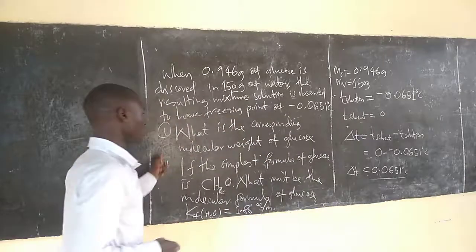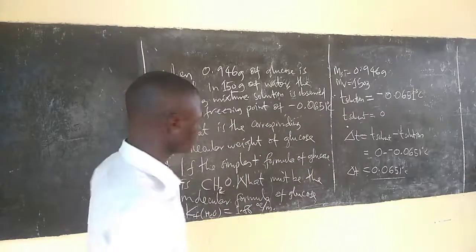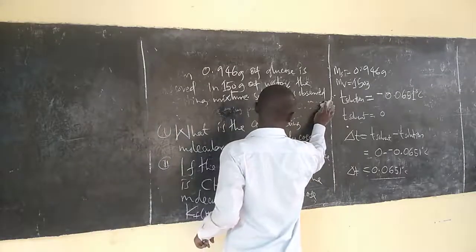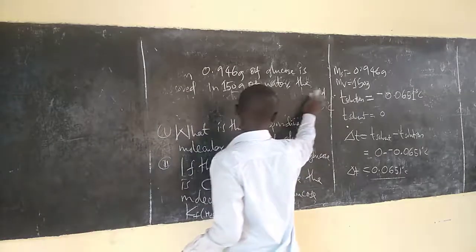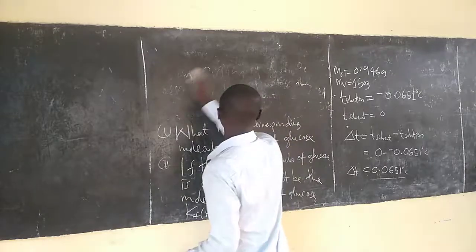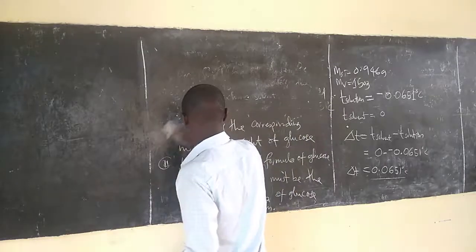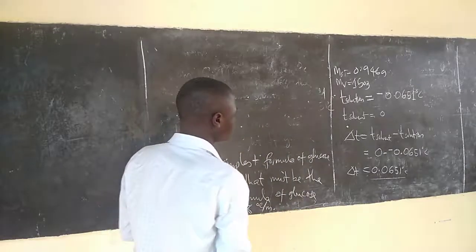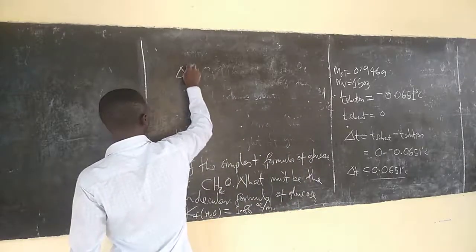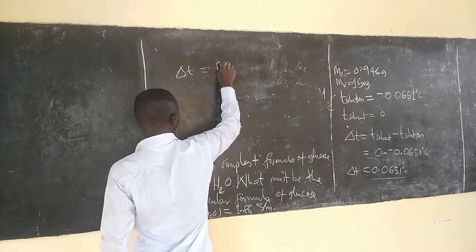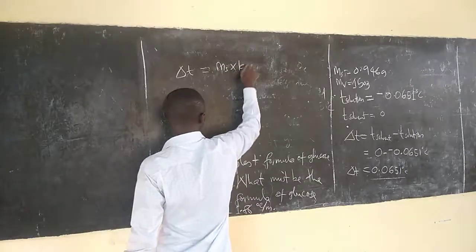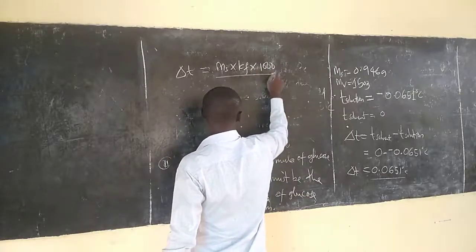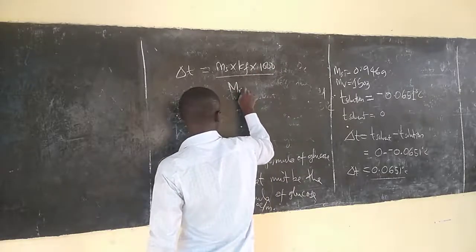But the question is, what is the corresponding molecular weight of glucose? That means change in T is equal to mass of solute times Kf times 1 over molar mass of solute.